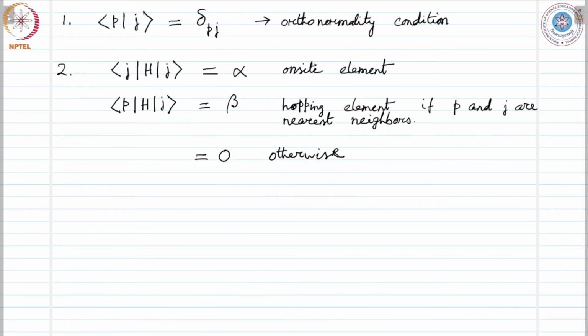If we write that down, on the next page, for different values of P, the equation becomes, for P equals 1, alpha C1 plus beta C2 equals E C1.